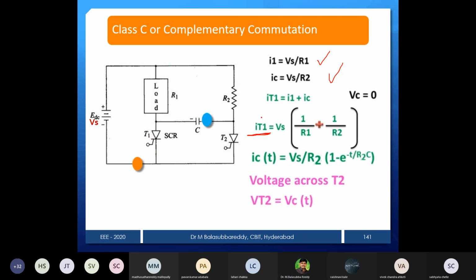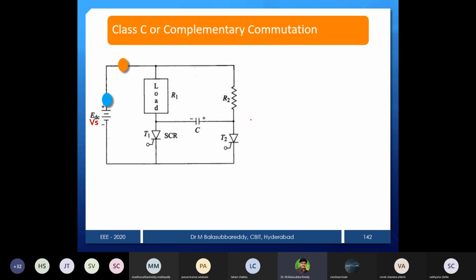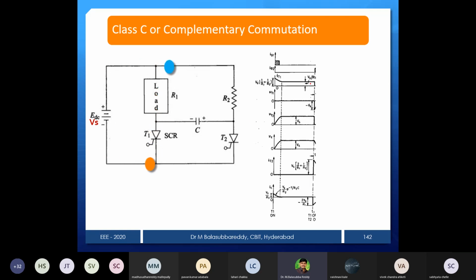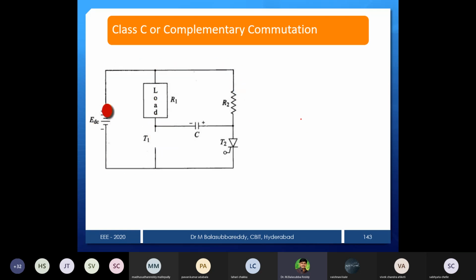And now we can see that once the current is passing through this, there are two currents initially, and later on whenever you want to turn off the T1, you fire the T2. So that I will show. This is the first mode of operation, whatever I explained so far. And now if I fire the T2, then the thyristor T1 will be off and current is passing through the load, capacitor, and then thyristor T2.